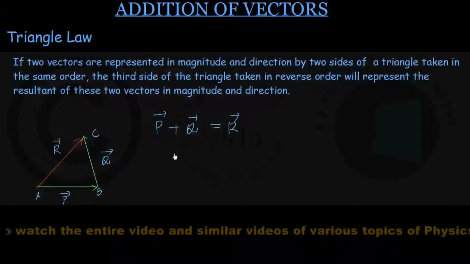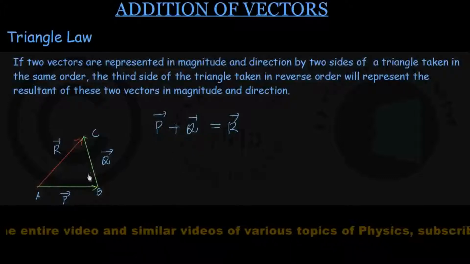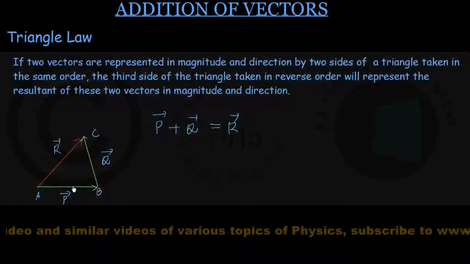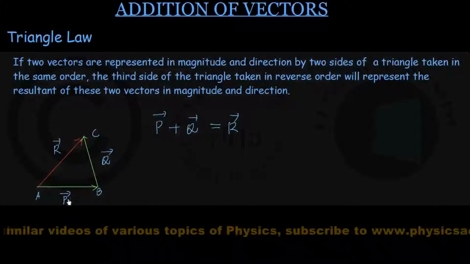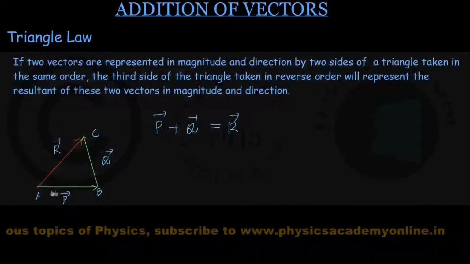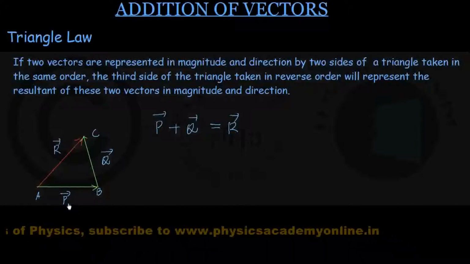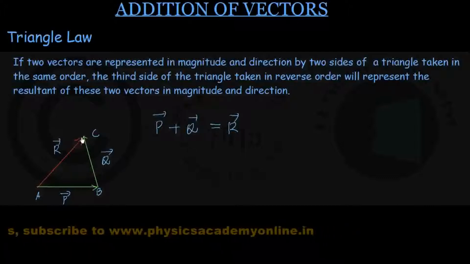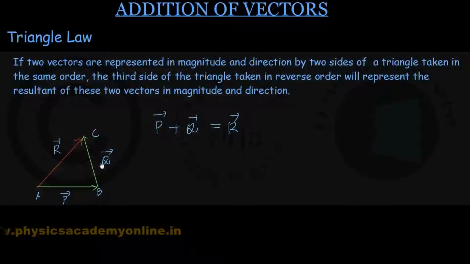P and Q. Looking at the figure, the triangle ABC, the side AB, the arrow AB represents vector P in magnitude and direction. That is, the length AB is the magnitude of P, direction AB is the direction of P. Similarly, the length BC represents the magnitude of Q, direction BC, direction of Q. They are taken in the same order means it's A to B, B to C. The head of AB coincides with the tail of BC.